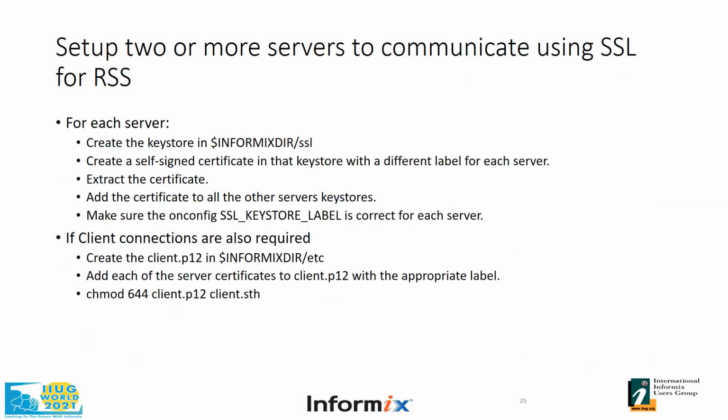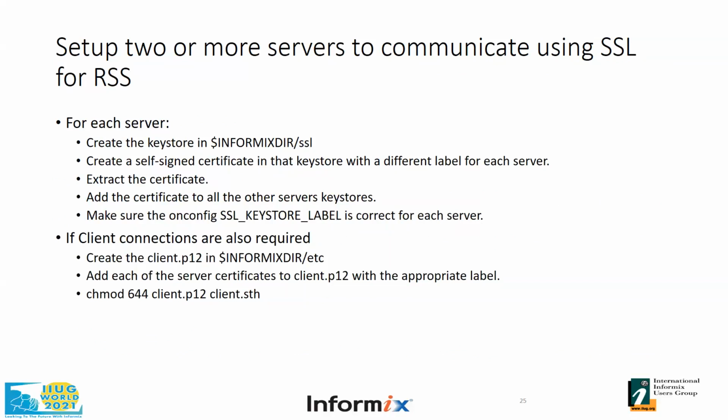Okay. So if you want servers to communicate with each other using self-signed certificates for RSS, you need to have in your server key store the client certificate for the other server.